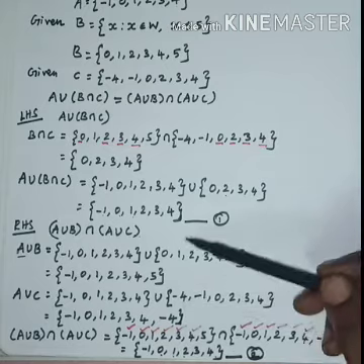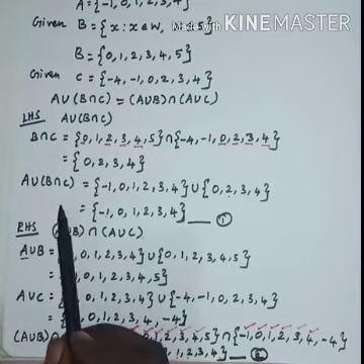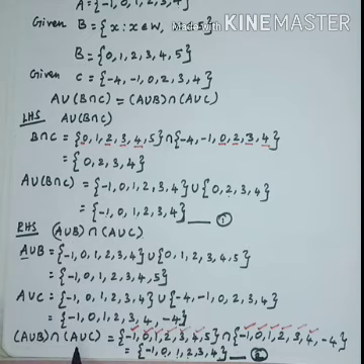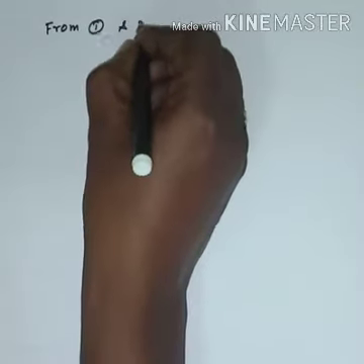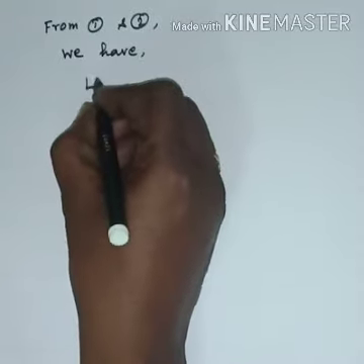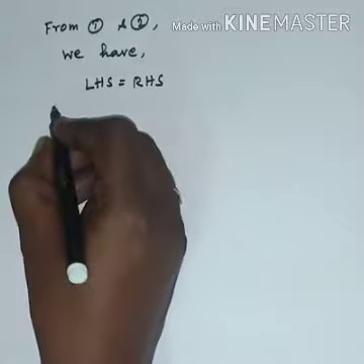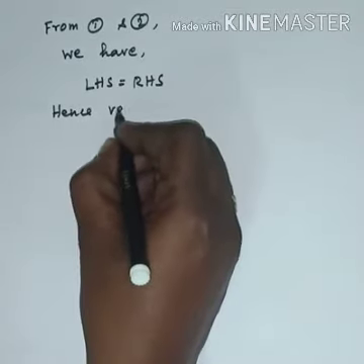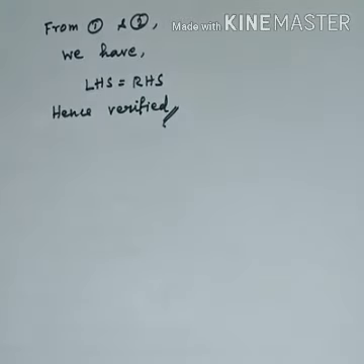Therefore, we have left hand side equal to right hand side. So we verified. So from equations 1 and 2, we have left hand side equal to right hand side, LHS equal to RHS, hence verified. Hence the equation is verified.